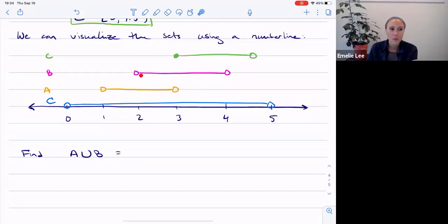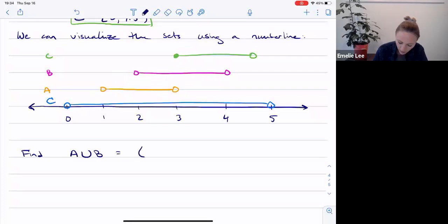So even though this endpoint at 2 is not in B, it is in A, so it's covered there. So I'm going to go from 1, but not including 1, all the way up to 4, but not including 4. Right, so an open interval from 1 to 4.